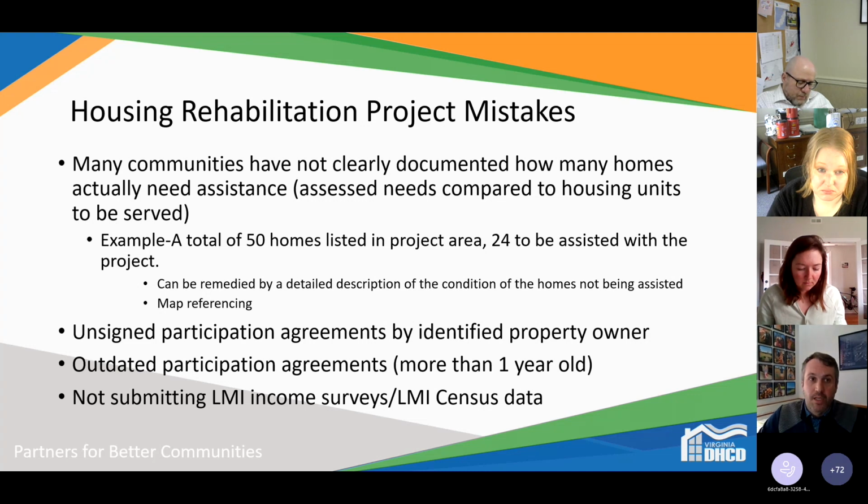Can we cut it down to 10 or 12 and do a phased approach in that area? So think through what's the number that's appropriate for your area, and how many signed participation agreements you're getting. For a housing rehab project, having participation agreements updated within the last year, and having them show the income eligibility, is crucial for an application.